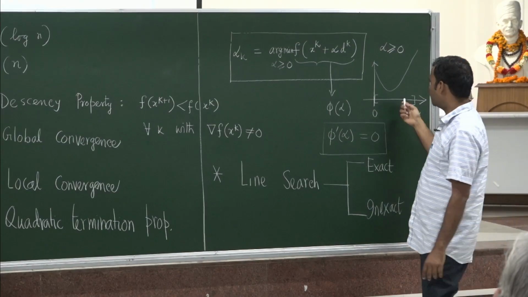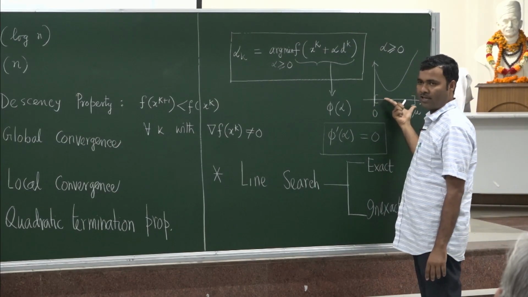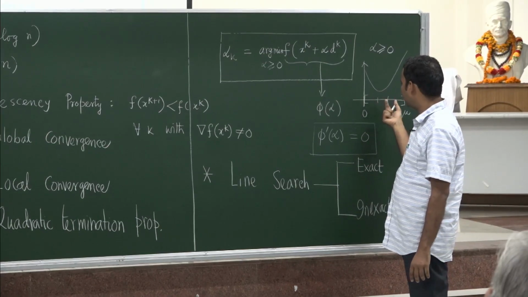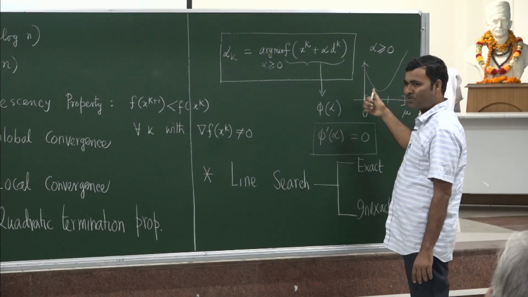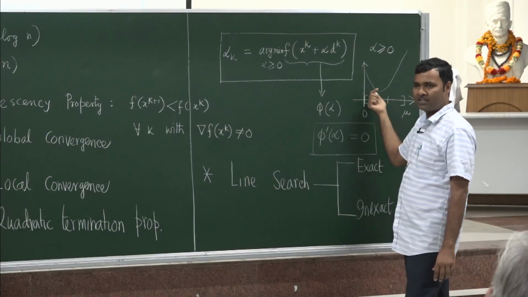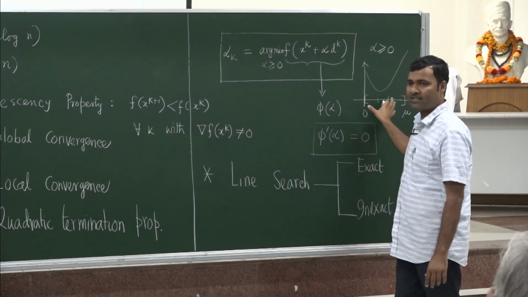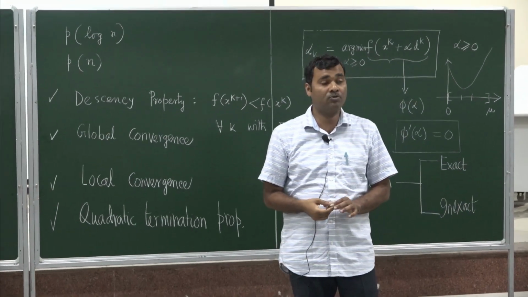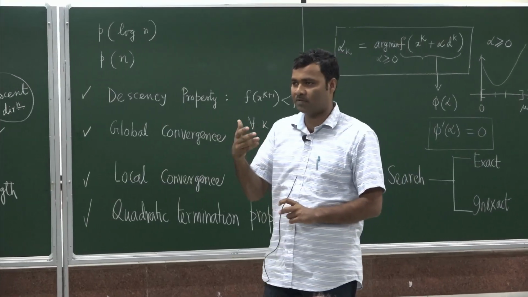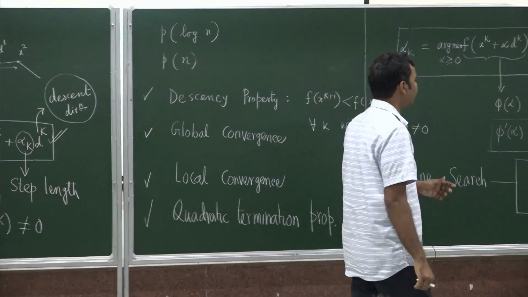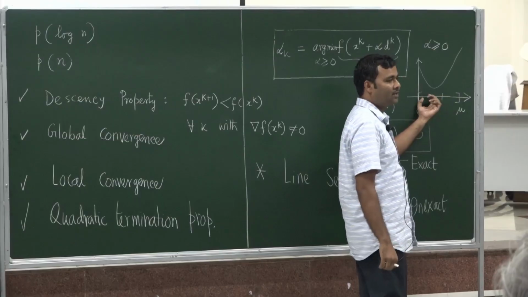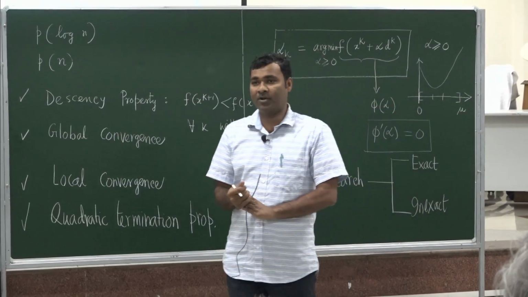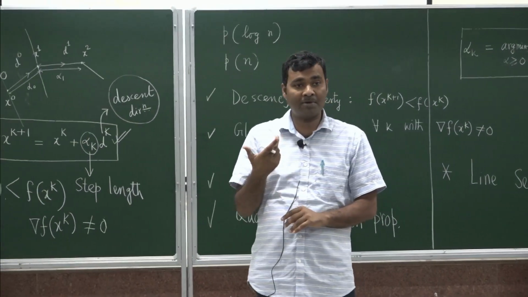For that we partition this entire length into two parts in a very tactful manner, so that the reduced interval will contain the minimizer. Fine. So those are all line searches, but they do not make use of the derivative of the function; they just use the function value. Playing with function values, they keep on reducing these intervals, and those are all line searches like golden search, bisection search, and Fibonacci search. But why all of a sudden was the Fibonacci number useful?